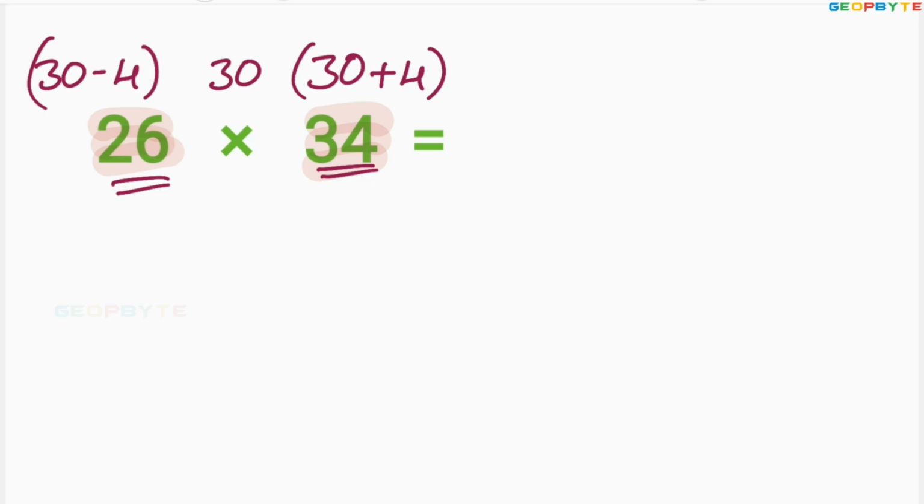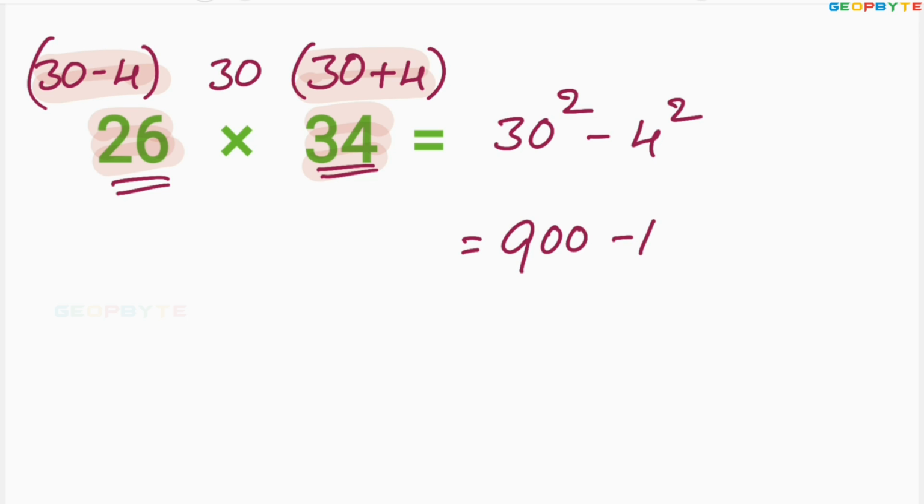Now it looks like (a plus b) into (a minus b). It is equal to 30 square minus 4 square, which is 900 minus 16. It is equal to 884. I hope all of you clearly understood.